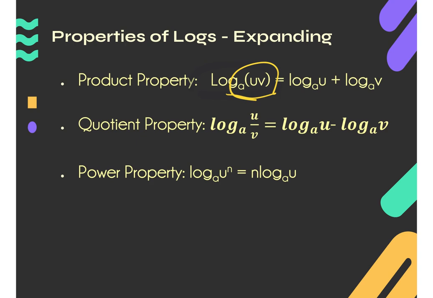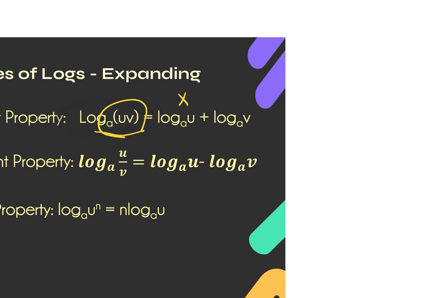And this comes from our properties of exponents. If I multiply two bases that have exponents, what do I do with the exponents? We add. So it's the same, except it's the reverse in log, right? If we multiply, we break it down into a sum.